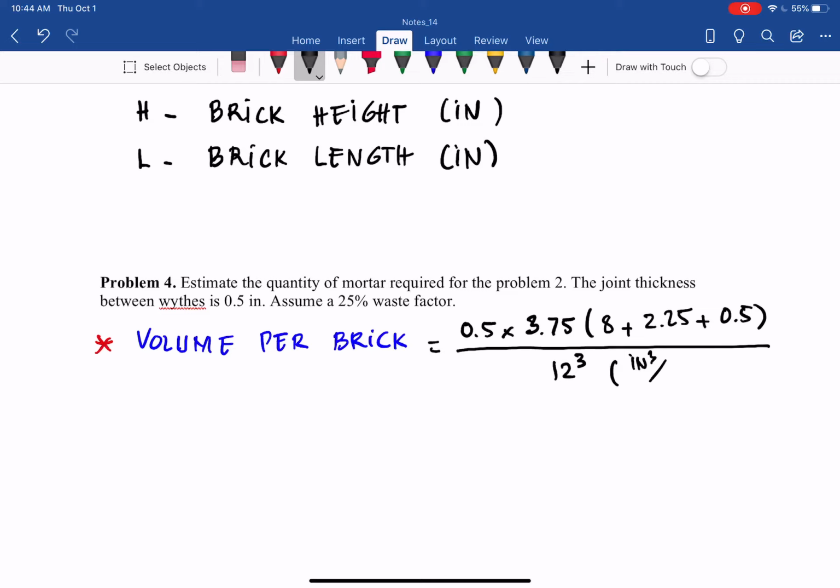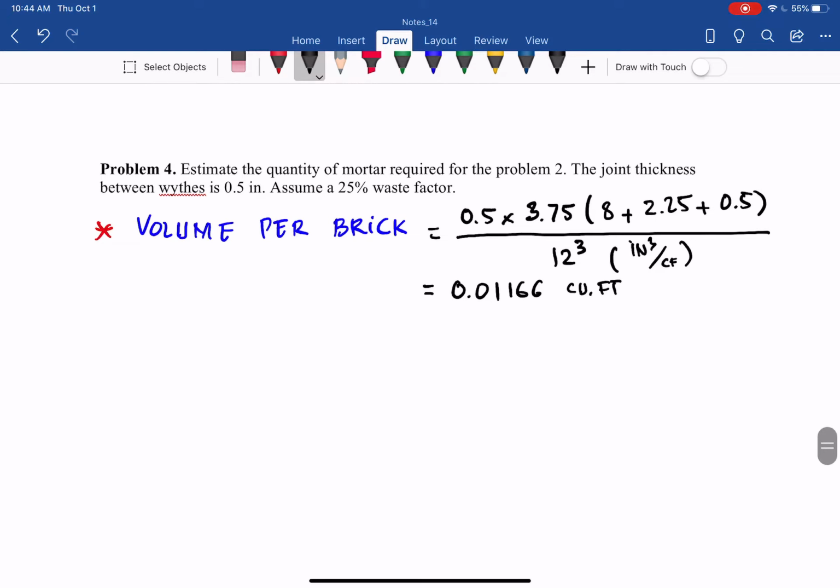From that, this equals 0.01166 cubic feet.